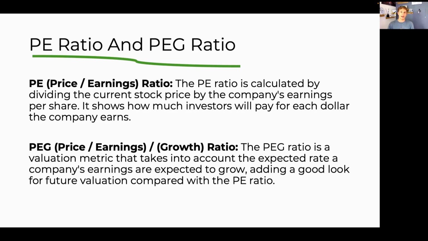But you're also going to talk about how much the earnings of the company are likely to grow into the future. So it gives you that PE ratio with an added future valuation. You still want to know how much you're going to pay for earnings, and you're going to want to know how much those earnings are going to grow. So hopefully that makes sense.